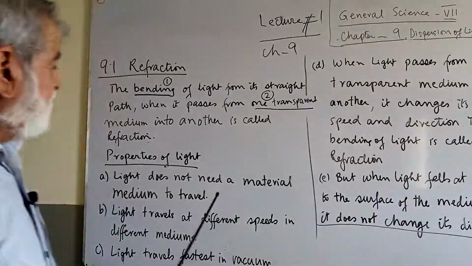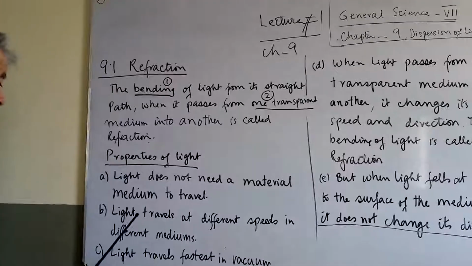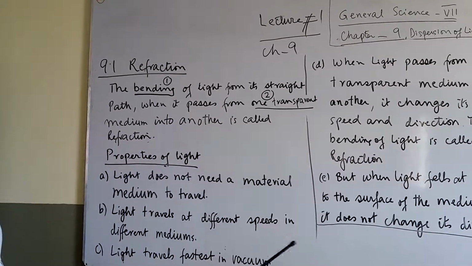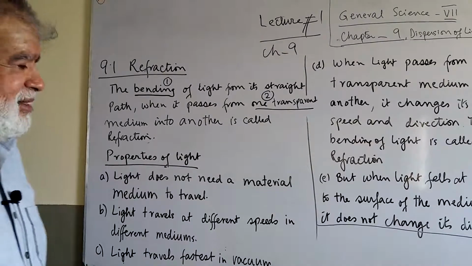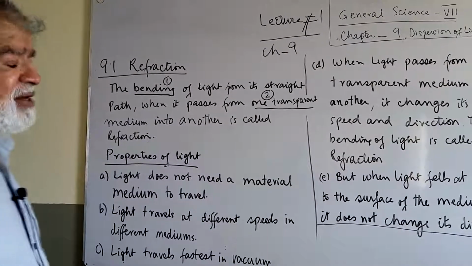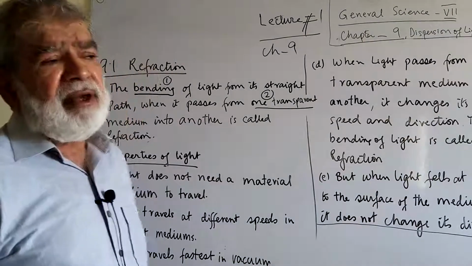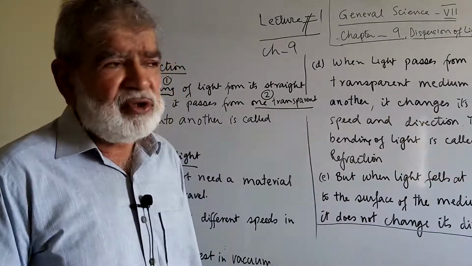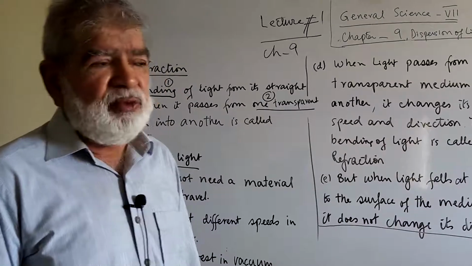Second important point, again I will tell you, light travels at different speeds in different mediums. हर मीडियम में उसकी रफ्तार एक नहीं होती. तीसरी बात, light travels fastest in vacuum, और खला में रोशनी जो है सबसे तेज गुजरती है. The fastest speed is in vacuum.